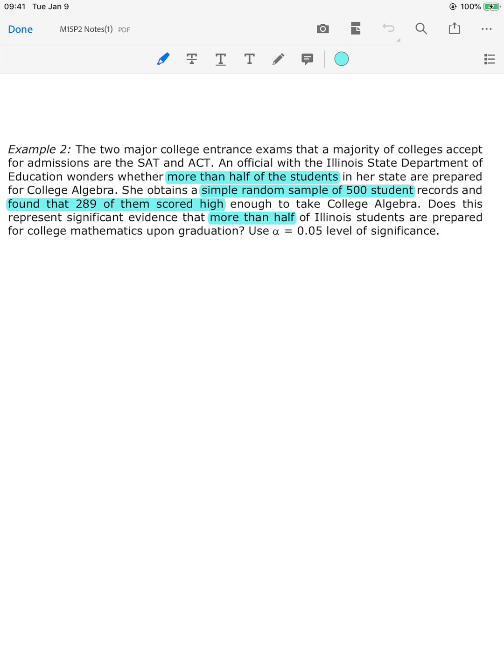It may not specifically say test this hypothesis. It may say, does this represent significant evidence? That's another way we can word the question to say, we're going to do a hypothesis test for this. And then alpha equals 0.05 level of significance. That's another piece that would tell you this is going to be a hypothesis test, level of significance.